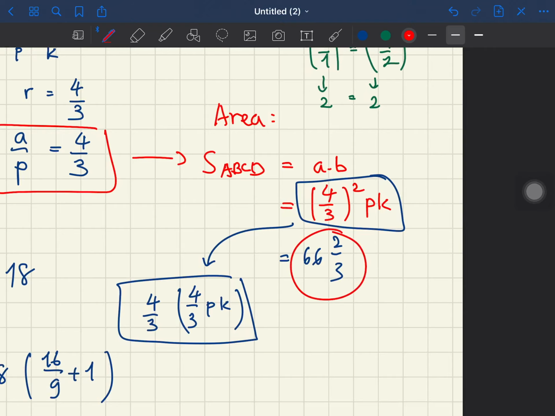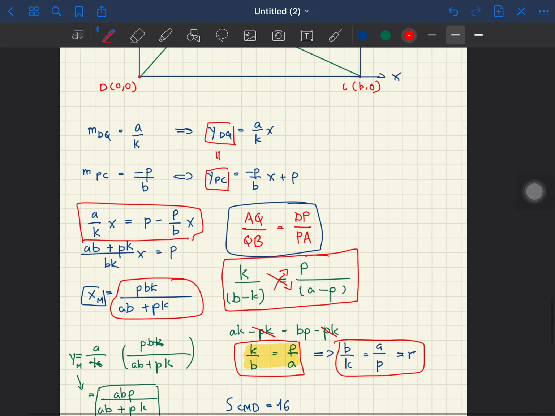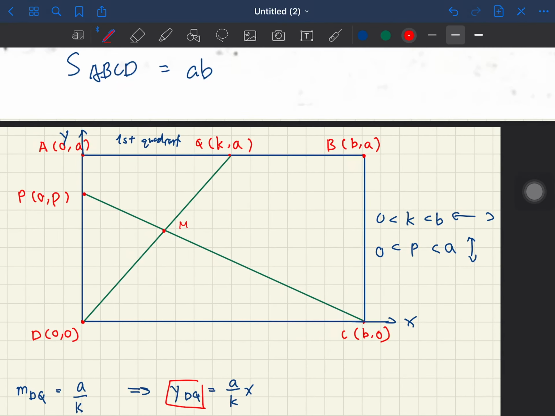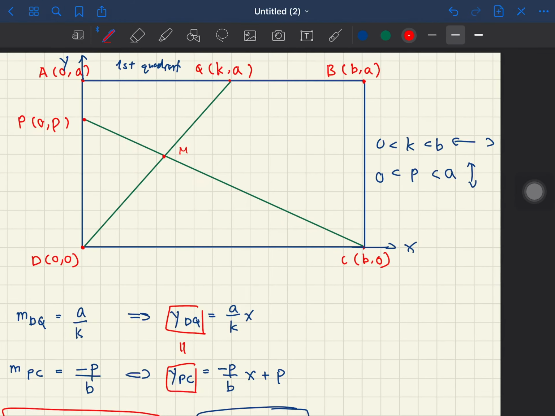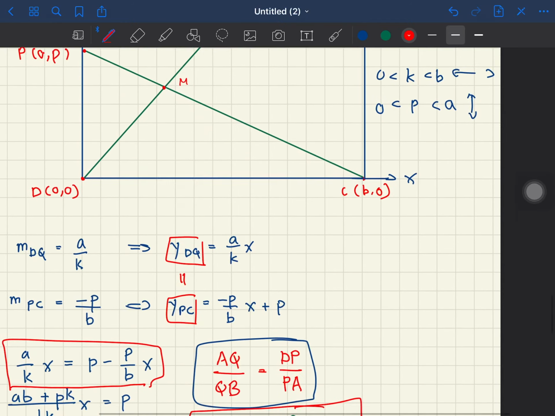So I'm going to recall what we have done. First and foremost, we have set out the points. We have labeled each point with constants, and then we tried to find M using the straight line and the point of intersection by finding the equations of PC and DQ.